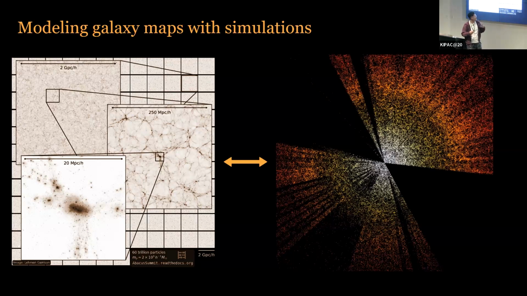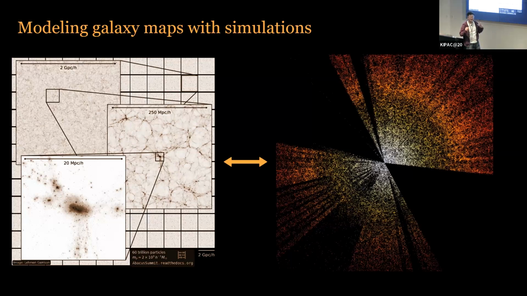My research focuses on trying to model the 3D distribution of galaxies in the universe using these simulations. There are a lot of complexities in these models. Specifically, these simulations only give you the distribution of matter, so you have to paint on galaxies and figure out the correct, robust, and accurate way to model galaxies in these simulations.